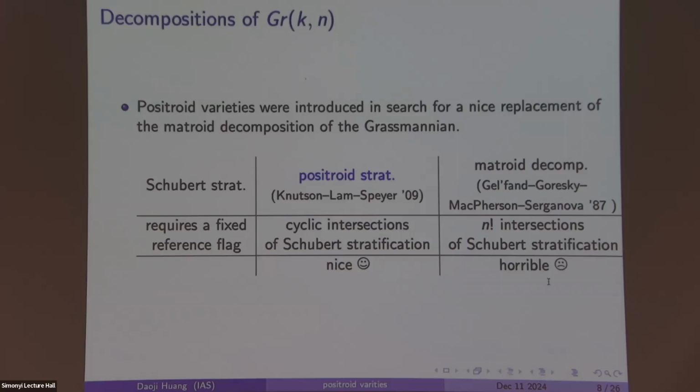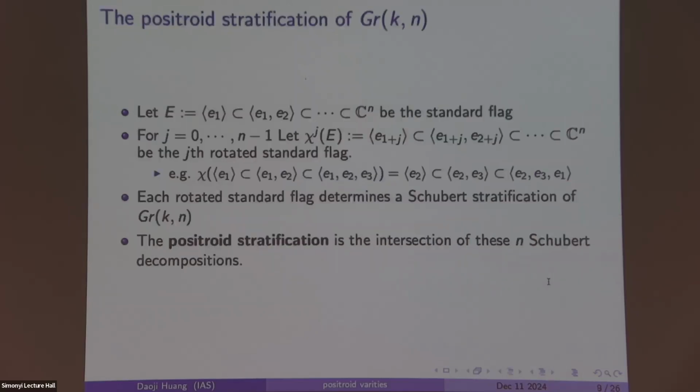In particular, they're Cohen-Macaulay with rational singularities. So this is what I just said, written in words: to define a positroid variety, I take the standard flag and define the jth rotation of the standard flag. Each rotation determines a Schubert stratification, and the positroid stratification is the intersection of these.